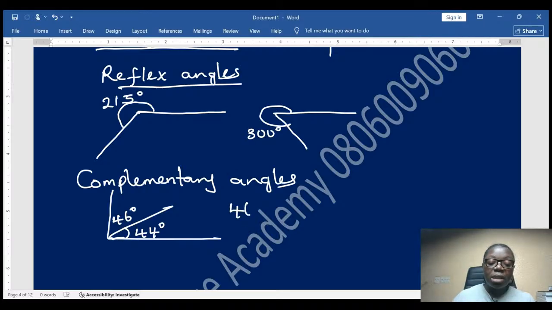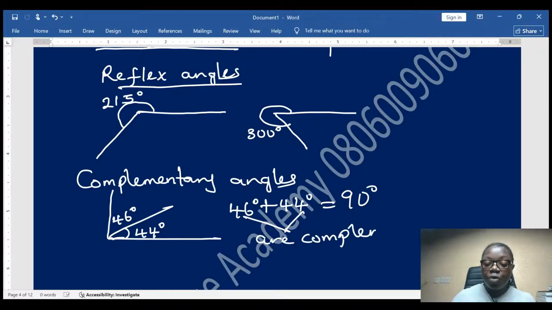When 46 degrees and 44 degrees are added together, we get 90 degrees. So 46 and 44 degrees are complementary angles. If you pay attention, you will get what I'm explaining. They are complementary angles because they sum up to 90 degrees.